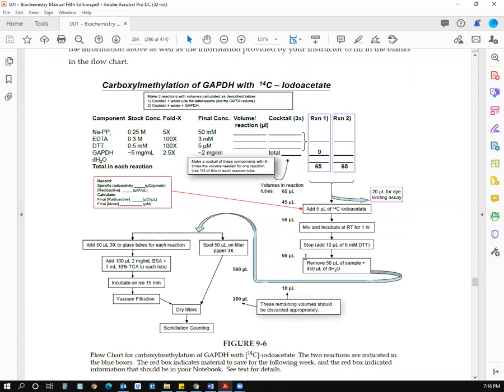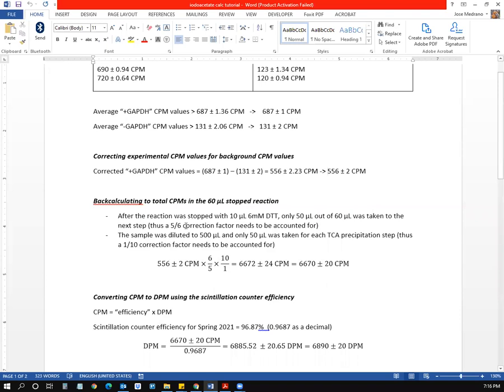Only 50 out of the 60 was removed to then use for dilution and then TCA precipitation, and so on and so forth. So knowing that, we need to incorporate a 5/6 correction factor, because we only took 50 out of 60 microliters to make the TCA precipitation.